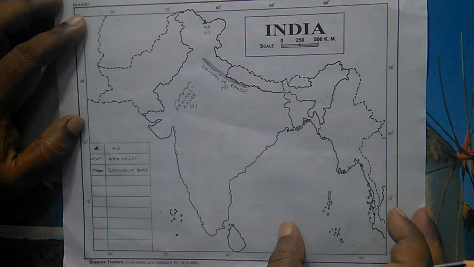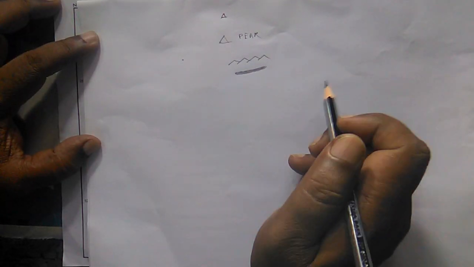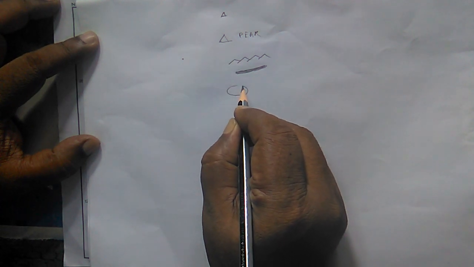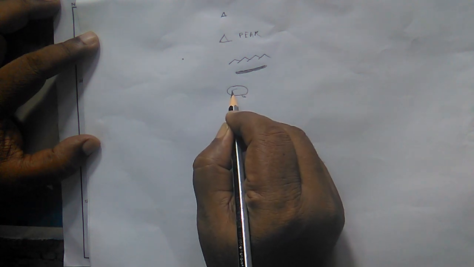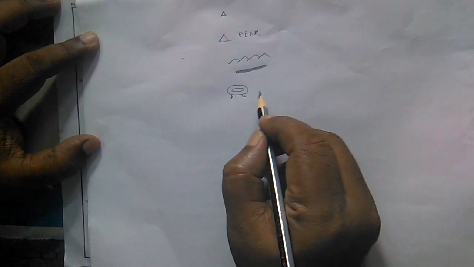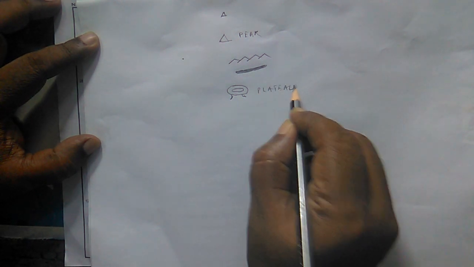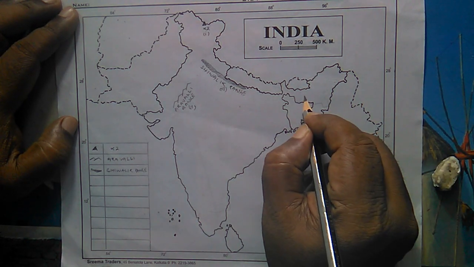Now let's move on to the next thing. You may be asked to show plateaus. Normally plateaus are shown as a tableland like this, and another circle within it. That is the symbol of a plateau. Suppose in the map you had to show one plateau.